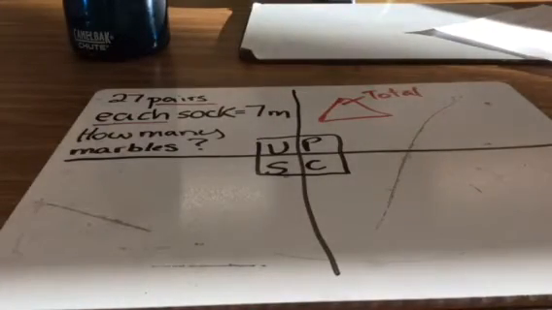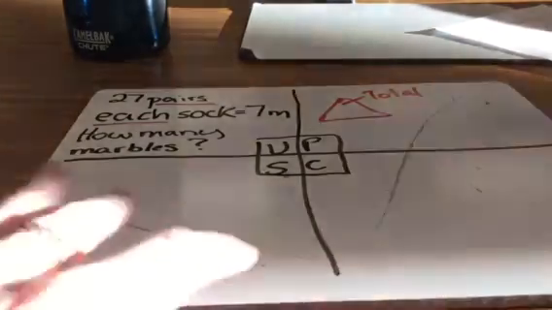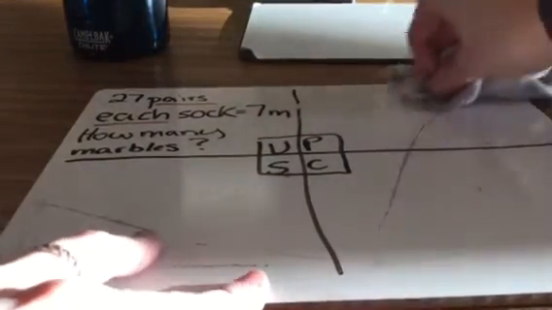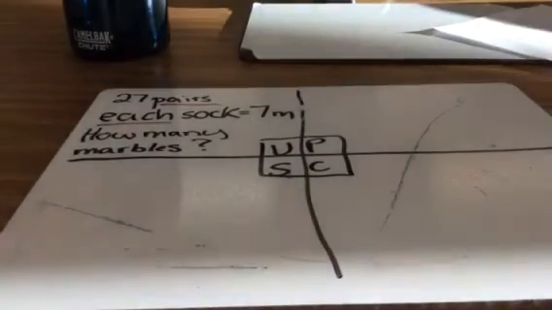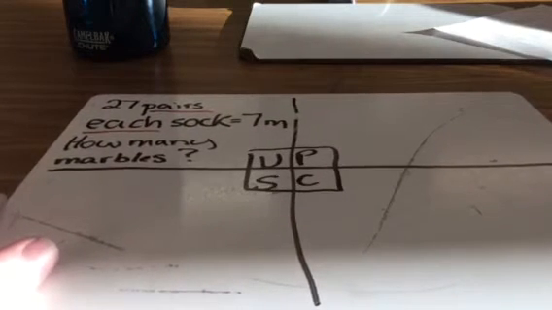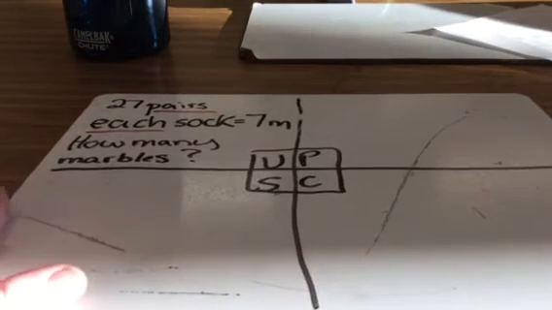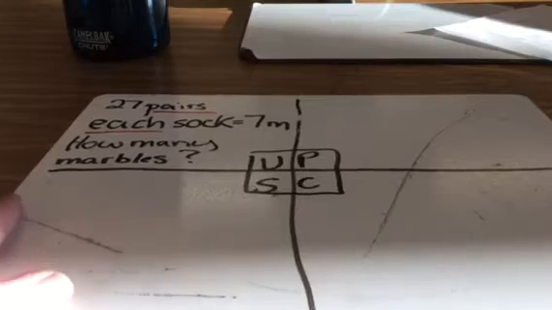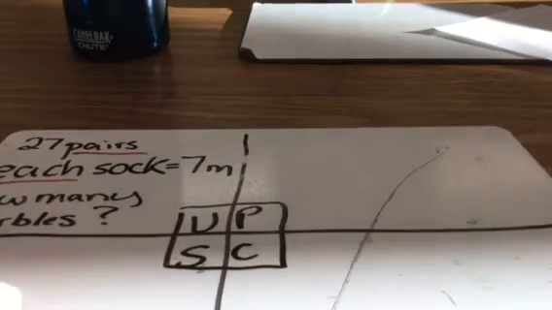Okay, but it's not as simple as 27 times 7. That's because it's talking about pairs of socks. So before I can figure out how many marbles he has in all, I need to figure out how many socks he has. So how do I figure out how many socks he has?